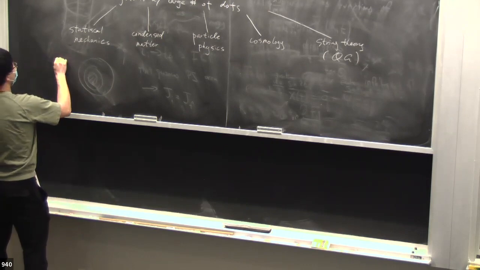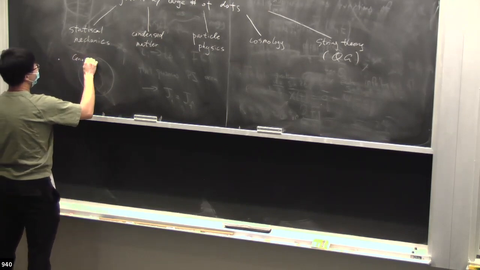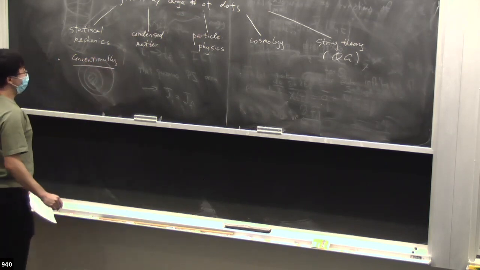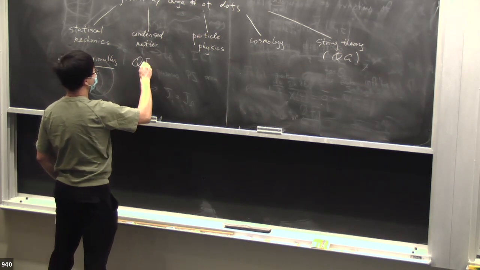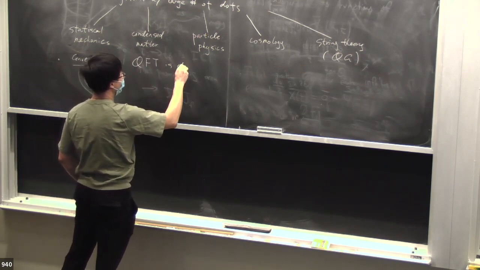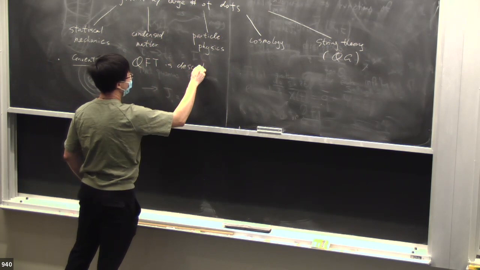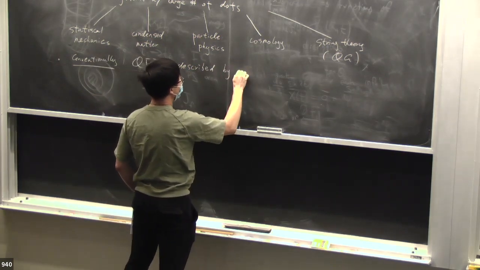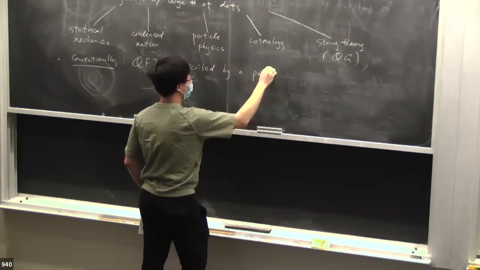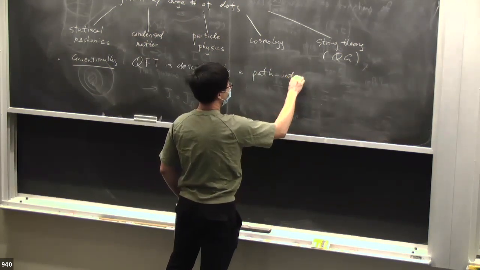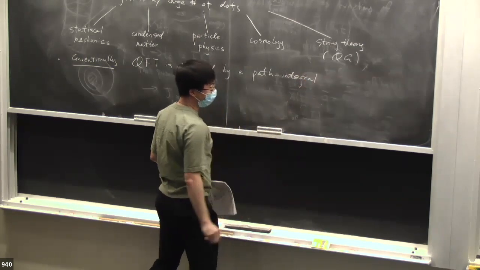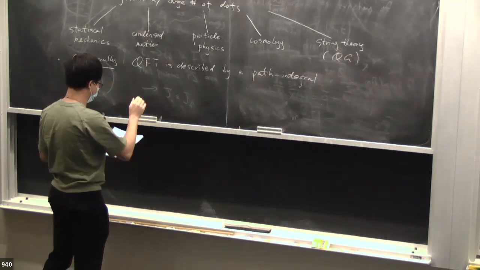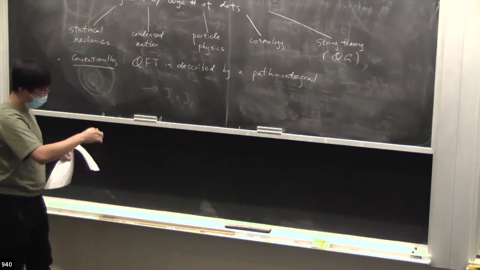Conventionally, a quantum field theory is described by a Feynman path integral, just like how you can reformulate quantum mechanics as a one-dimensional path integral. In the case of quantum field theory, this will be in general higher dimension.